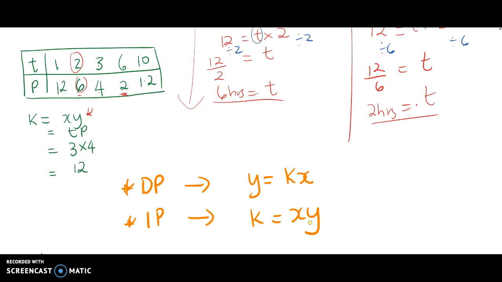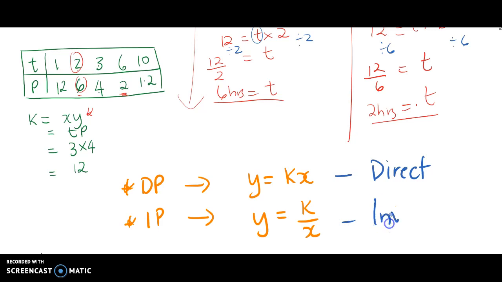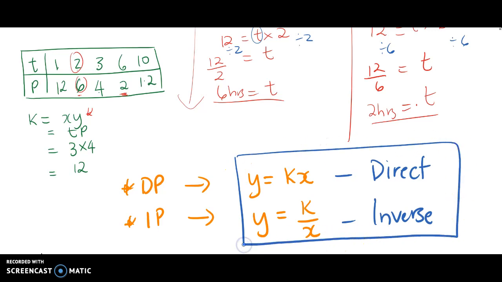Make sense? Or if we want to write it the same way as the top one, then y will be equal to k over x. So that's the difference between the two. This is direct and this is inverse. And that is something that we need to remember.